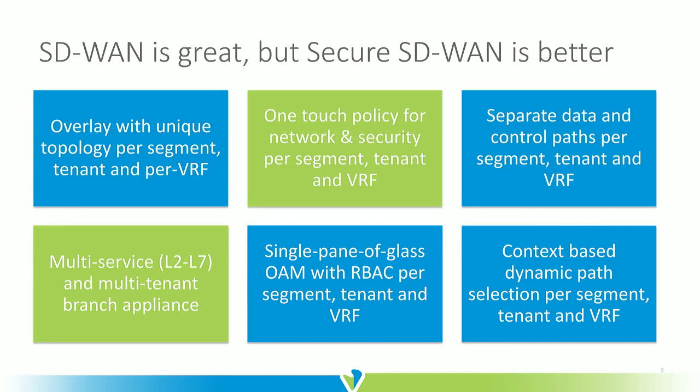What this means is, on every single tenant and within each of those individual segments, can they not only have unique topologies and unique policies as they relate to network as well as security? Can they all have their own unique criteria or setup of the different types of L2 to L7 services that they want to use?